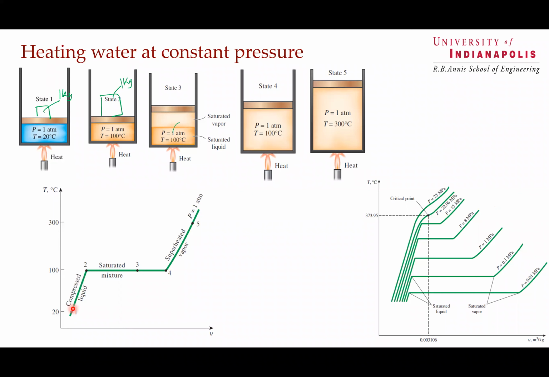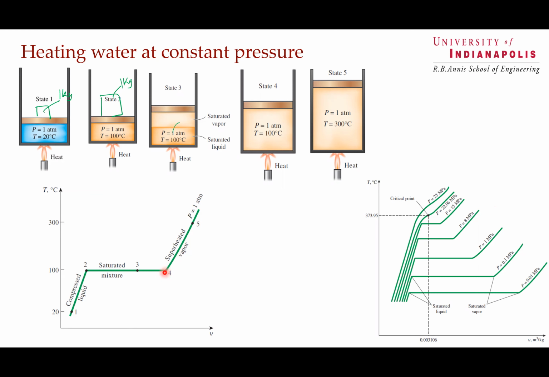One other important thing you may notice is that at constant pressure, the temperature stays constant during the phase change process. This is called a phase change process because the liquid phase is converted to the steam or vapor phase in this region. As soon as all the liquid water is converted to steam, that is called another saturated state, the saturated vapor state.